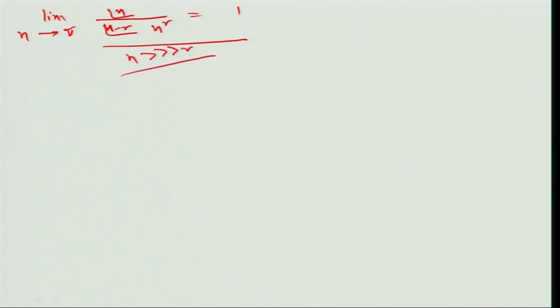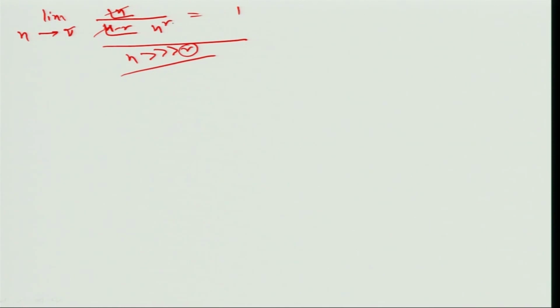So, the limit of n going to infinity of factorial n by factorial n minus R times n to the power of R, if n is very high, is actually equal to 1 for obvious reasons, because n being very high is also much higher in comparison to R, and so you are basically left with n factorial over n factorial.